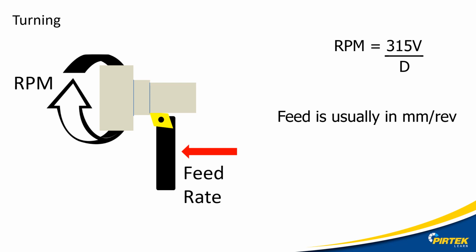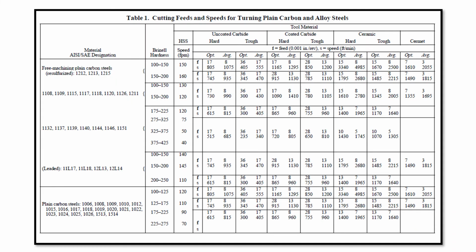For example, in a milling machine, the tool is rotating, so the D value will be the diameter of the tool. When turning, the D value will be the diameter of the material that's rotating. Irrespective of the machining operation, we're still going to derive our RPM and our feed rate from our cutting speed.